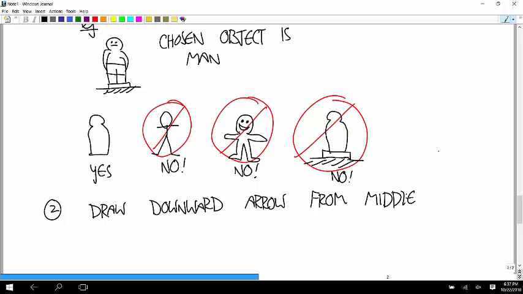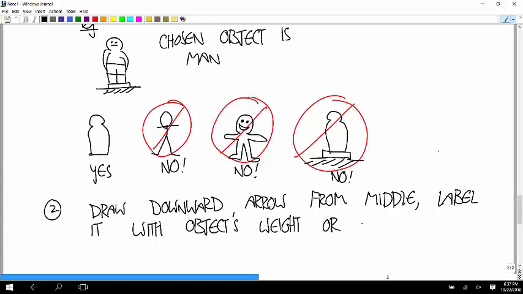That's going to represent the weight force and label it with the object's weight. Or you can also label it mg.